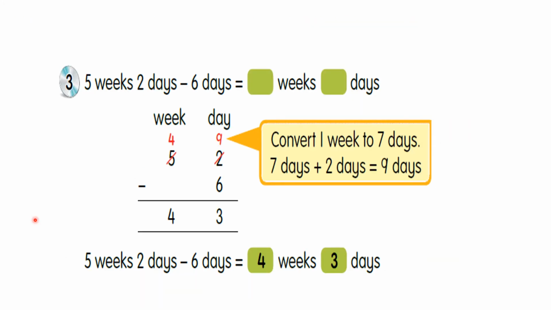Okay, teacher takes the laser pointer. Now look here. This is example 3. This is weeks and days. So 1 week, how many days? 7 days. So you remember the formula.